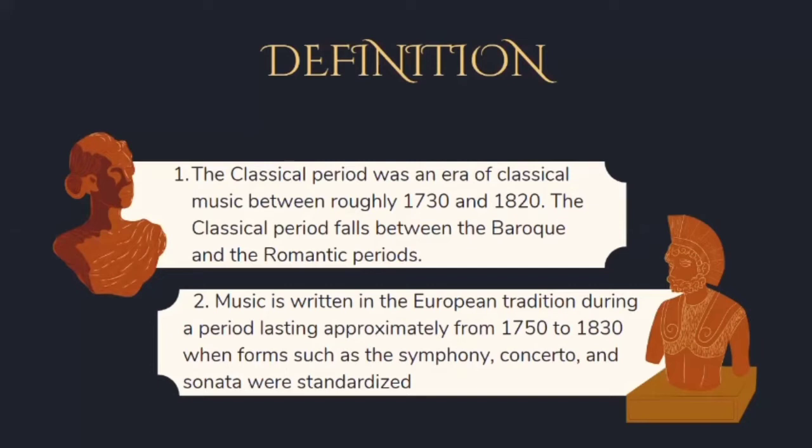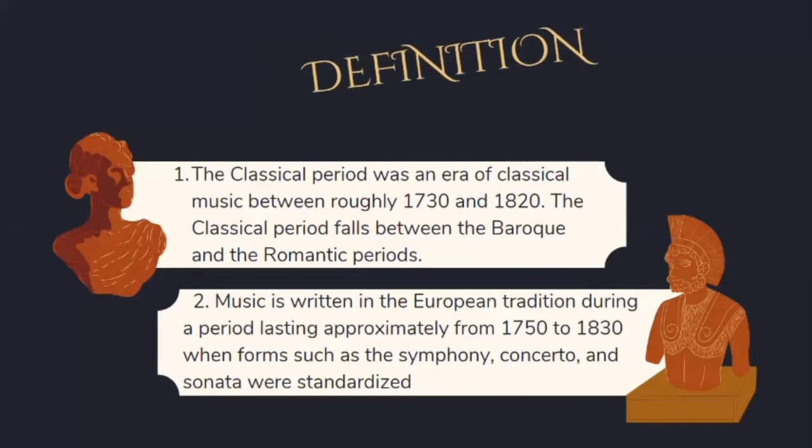It also makes use of style galant, which emphasizes light elegance in place of the Baroque's dignified seriousness and impressive grandeur. Variety and contrast within a piece became more pronounced than before, and the orchestra increased in size, range, and power. May I call on Ms. Taguba to discuss the next slide.